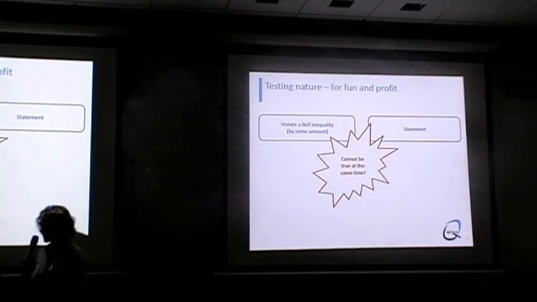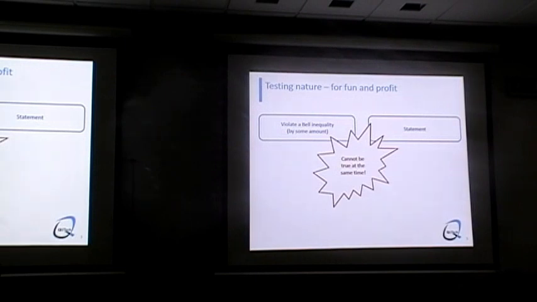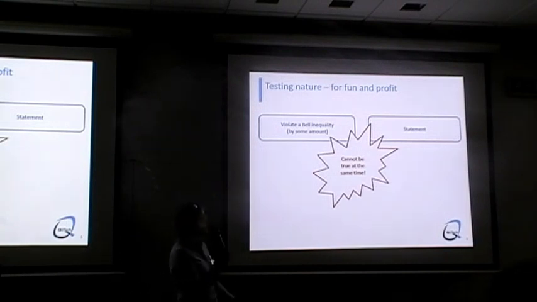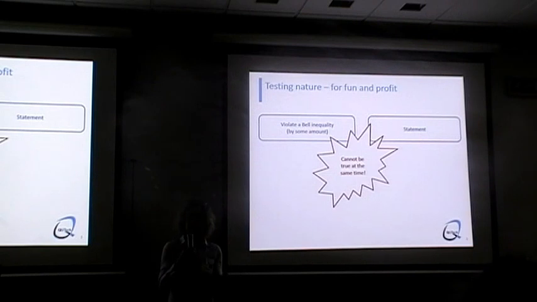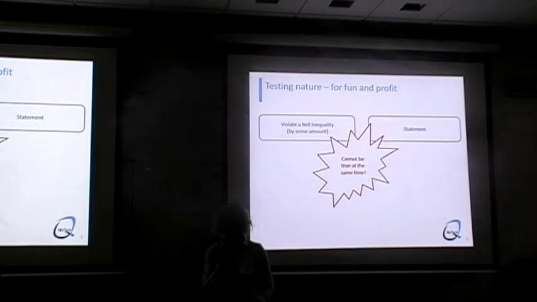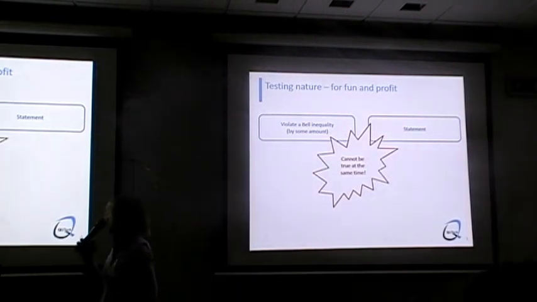So we're going to plug in all kinds of different statements in the statement box. Our overall goal will be to conclude that if we violate the Bell inequality, which is something one can observe in an experiment, one can test this, then the statement we want to establish is necessarily false.